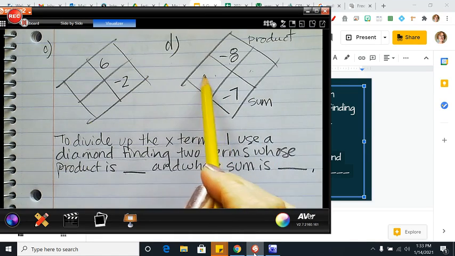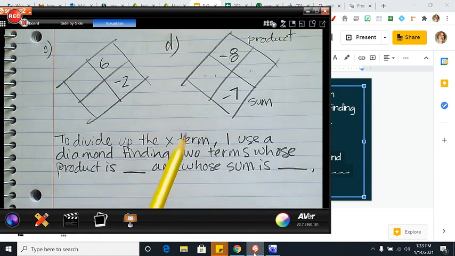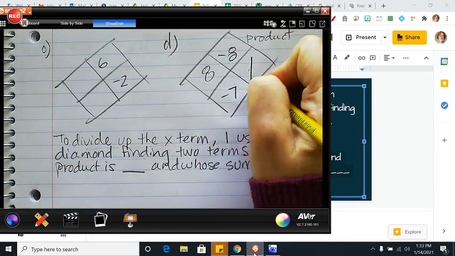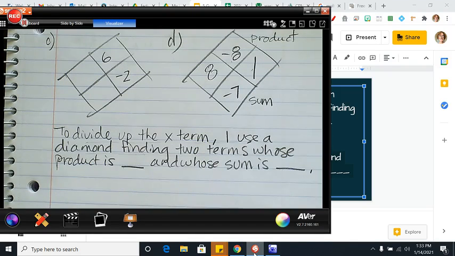For example, on this diamond, I'm looking for two numbers that I can multiply to get -8, but when I add them, I get -7. So that would be 8 and 1, and in order for it to add up to -7, one of them has got to be negative.